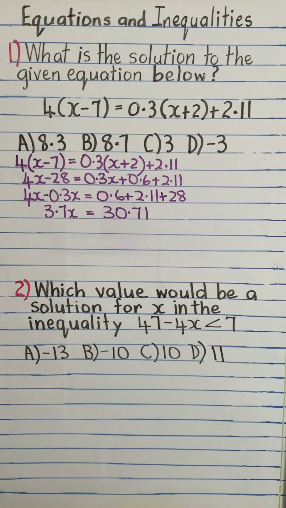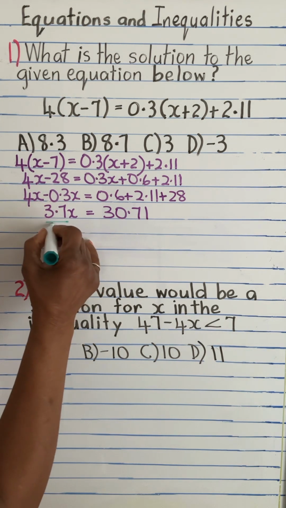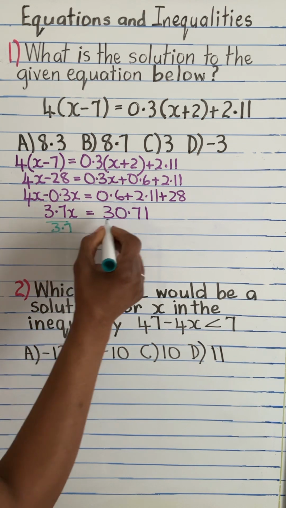So we need to get rid of the 3.7 by dividing both sides by 3.7.